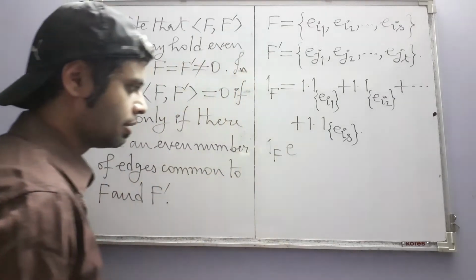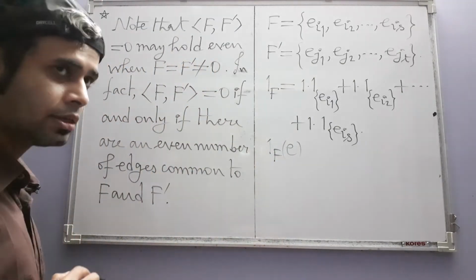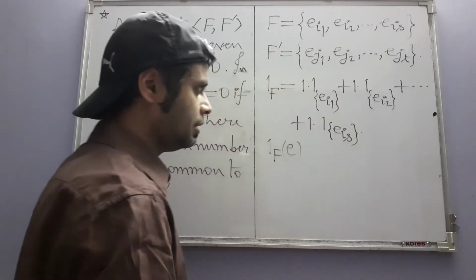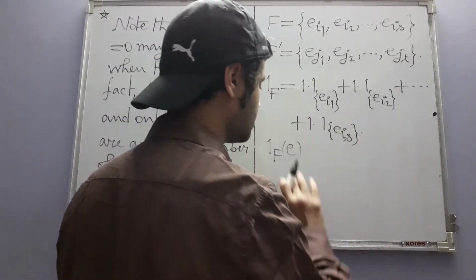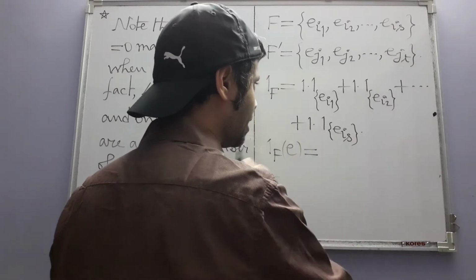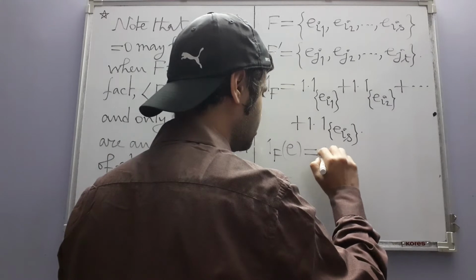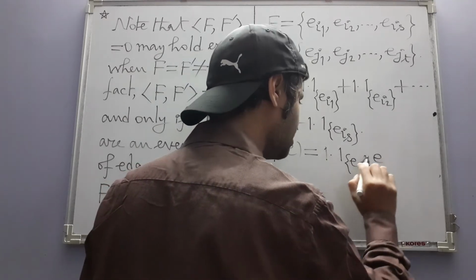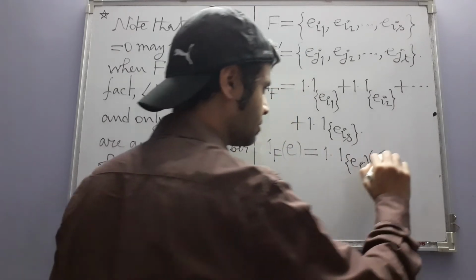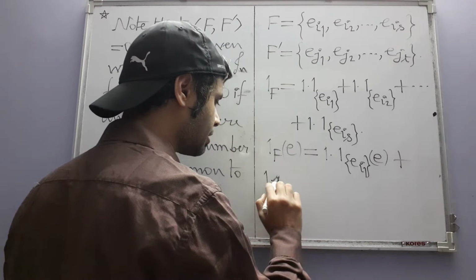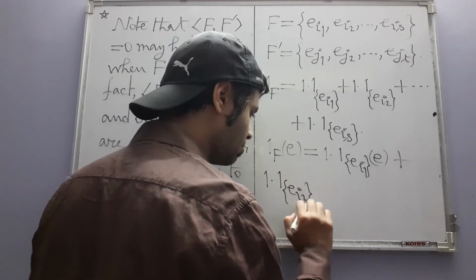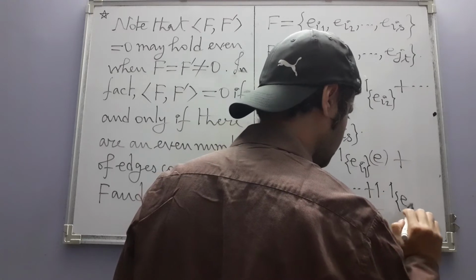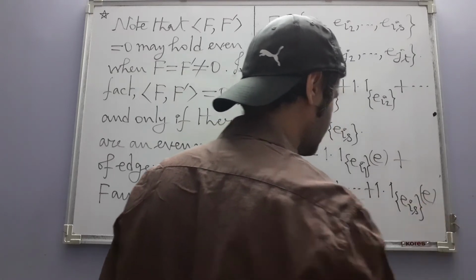So say you have an edge E in the graph, coming from your edge set, capital E. Now if this E is not one among these e_{ik}'s, then by the definition of this addition, you will do this: 1 times 1_{e_{i1}} will be evaluated at E, because after all this is a function, plus the next one, 1 times 1_{e_{i2}} evaluated at E, like this, up to 1_{e_{is}} evaluated at E.